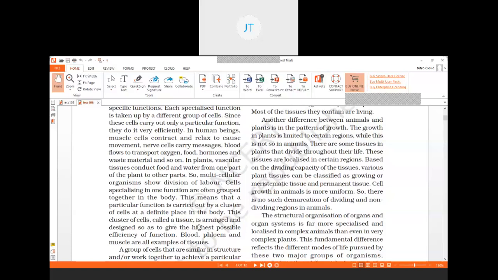Okay, for example, if we take a simple example of the heart, the function of the heart is simply pumping of blood, and the heart is situated at somewhat the center of our body, not exactly the center, but you can see it is not at the end of our body.